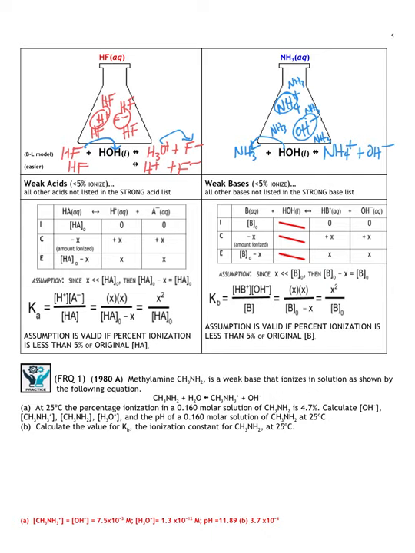Now, because this is a weak acid scenario, and there's an equilibrium, we actually can figure out and understand the equilibrium pretty nicely with our understanding of equilibrium. It's always products over reactants, and we call this the Ka for acid.